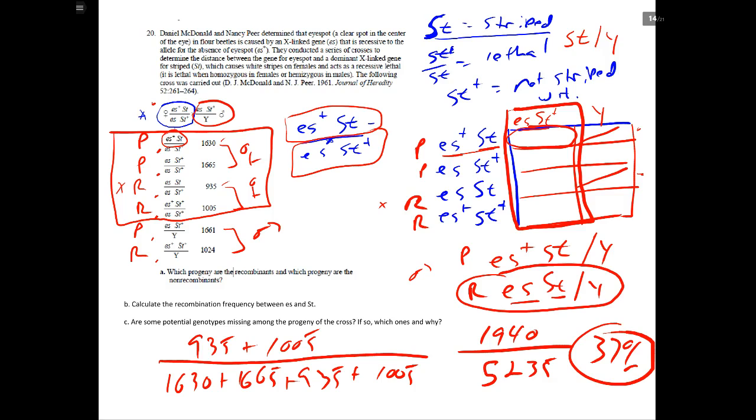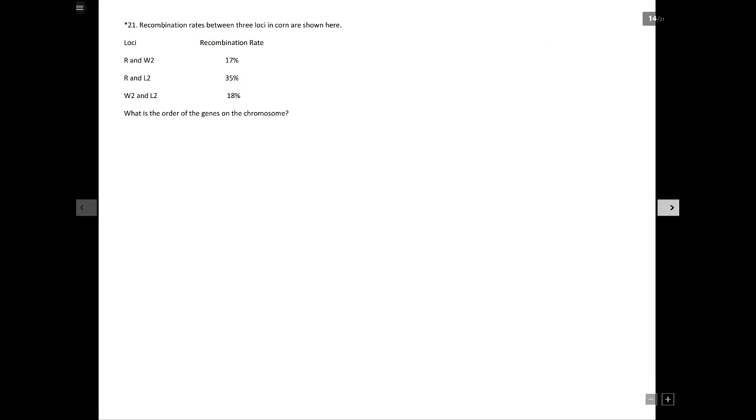The key is, we really just want to look at what's going on in this heterozygous female, and figure out which ones are the parentals, which are the recombinants, count them up, calculate a percent and go from there. Alright, so that's a tough one. I mean, that's why we do them for practice.